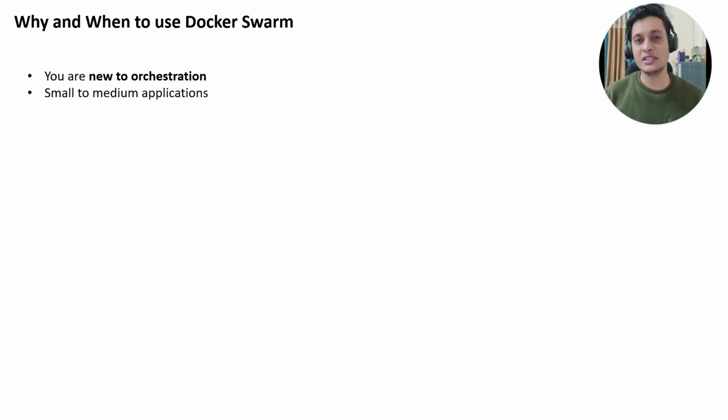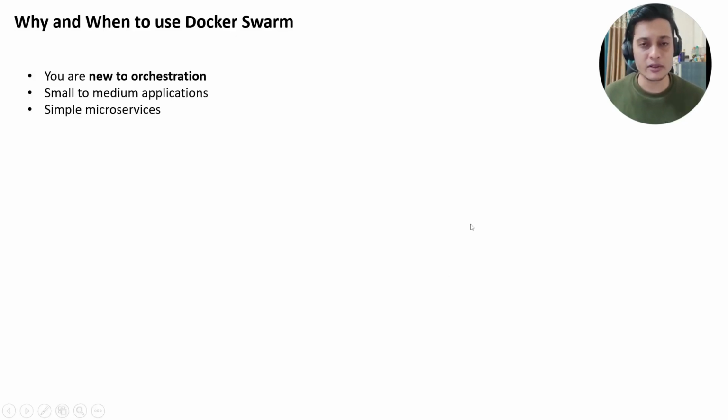It completely depends on how much data you are processing from the internet. So if you understand that you have only a few users, hundreds or thousands of users, then Docker Swarm is definitely good. There's no need to go and use Kubernetes. There's no need to complicate things. If you can do things easily, then definitely you should do it.